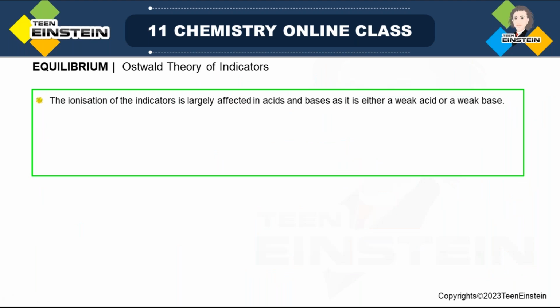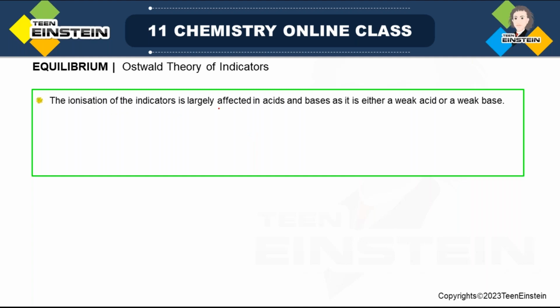But before going to the discussion of how to choose an indicator in different types of acid base combination, that is strong-weak, strong-strong, or both weak, first we have to understand the mechanism of an indicator, how it works when we use it in acid base titration. We already know that indicators are basically weak organic acids or weak organic bases.